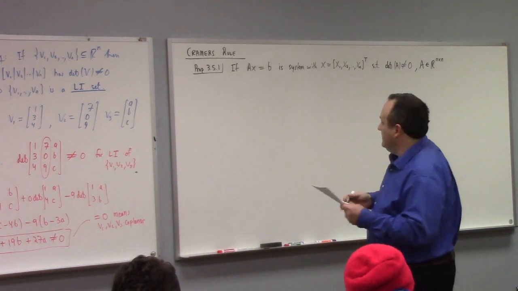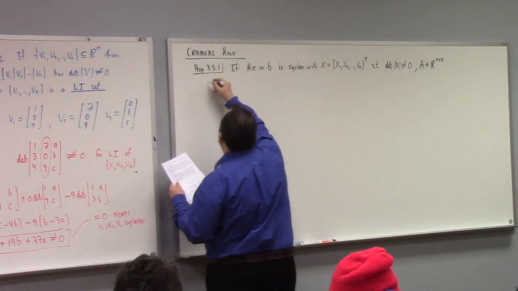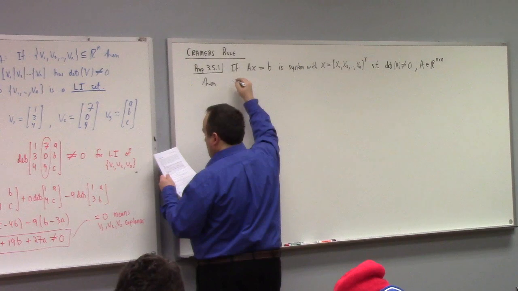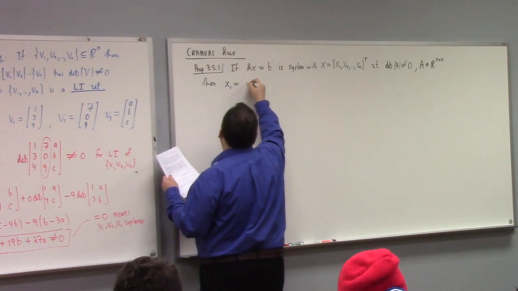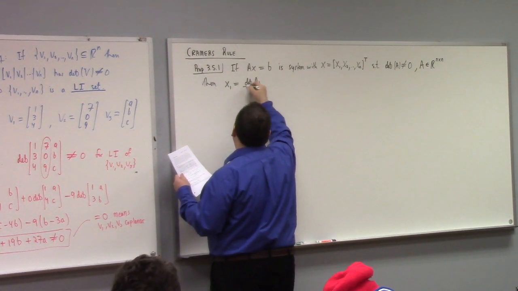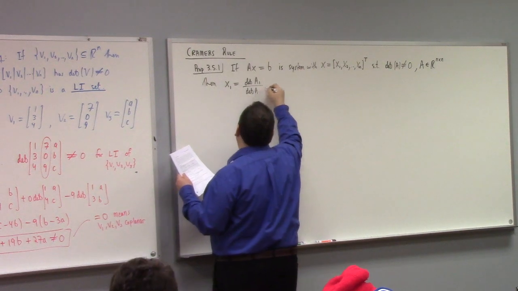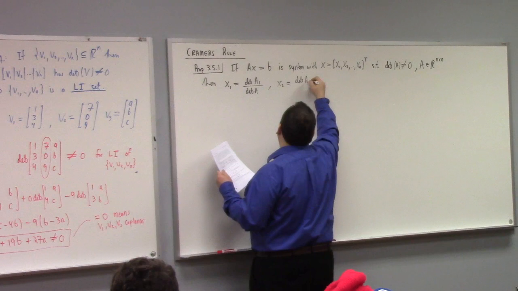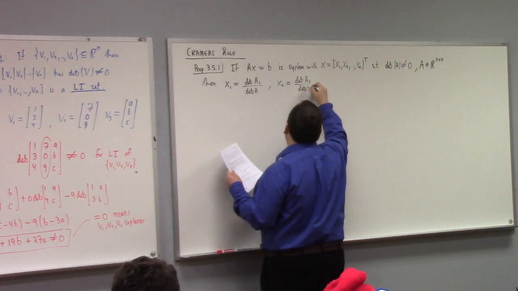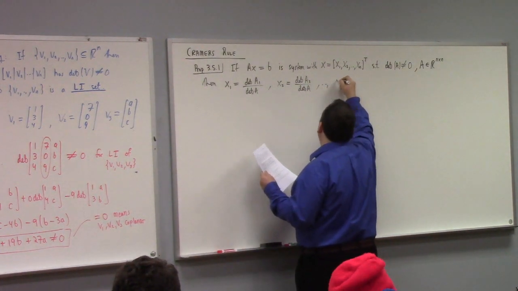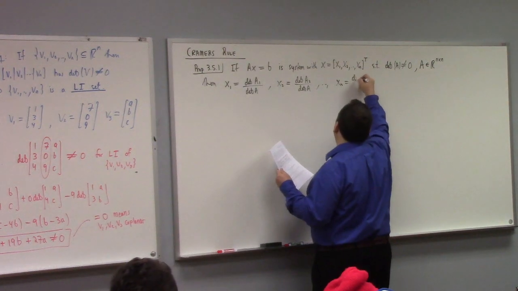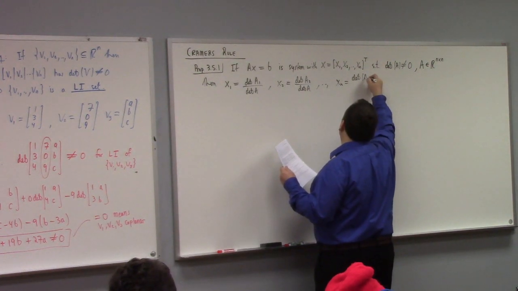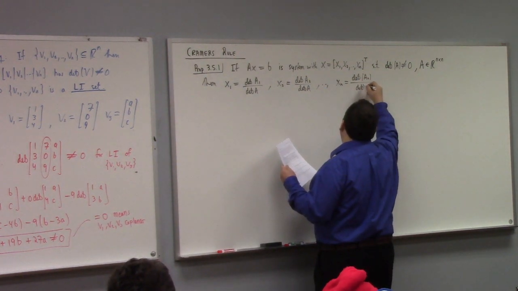Then here's the punchline. x1 is the determinant of A1 over the determinant of A. x2 is the determinant of A2 divided by the determinant of A. xn is the determinant of An divided by the determinant of A.